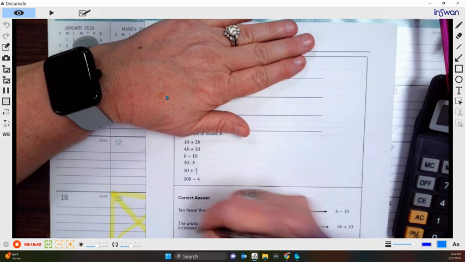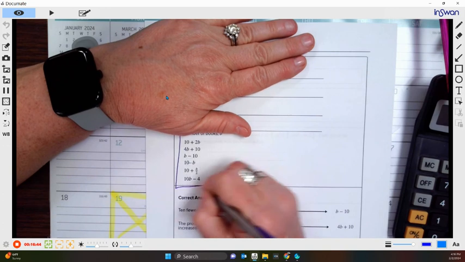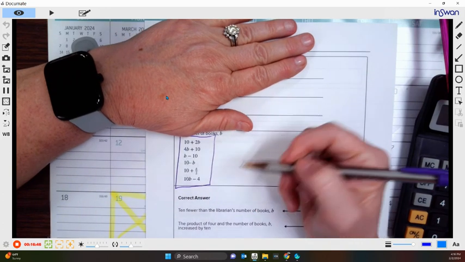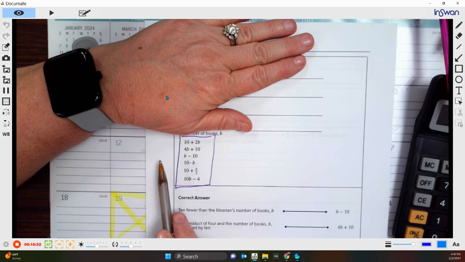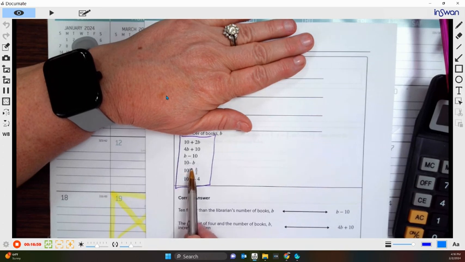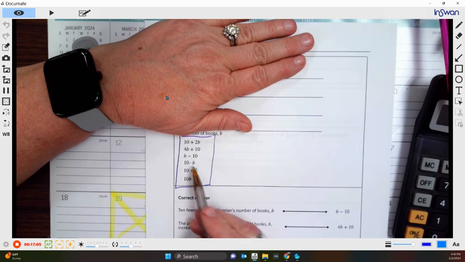Now, looking at these and saying what they are helps me to recognize the words. When I look at these two that are very similar, where I'm adding, where I'm subtracting here, I have b minus 10 and 10 minus b. Those are kind of opposites. B minus 10 means I'm taking 10 away from b, or that's 10 less than b. 10 minus b means I'm taking b away from 10, or that's b less than 10.